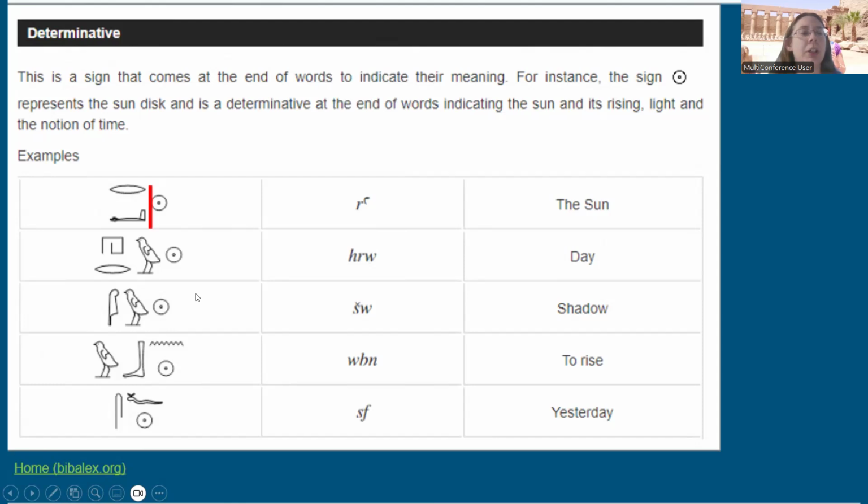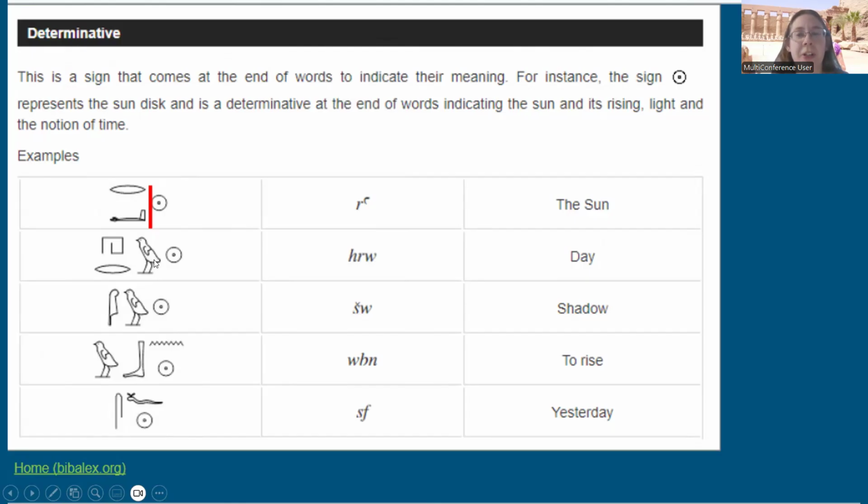But if you look at all of these words, you'll notice that at the end of every single one of them, they have a circle with another circle inside. And that image is the determinative that in this case is following the end of each of these words.